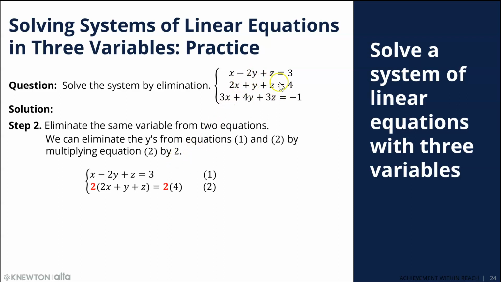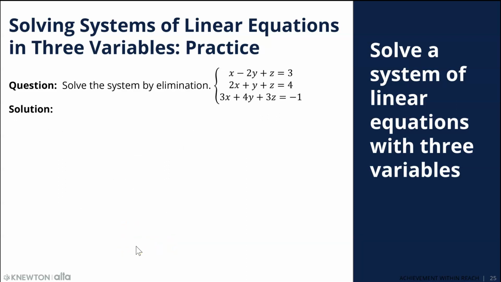Multiplying equation 2 by 2, we have this. This becomes 2 times 2x is 4x, 2 times y is 2y, and 2 times z is 2z. So we simplify that. Then we can add the two equations to eliminate y.